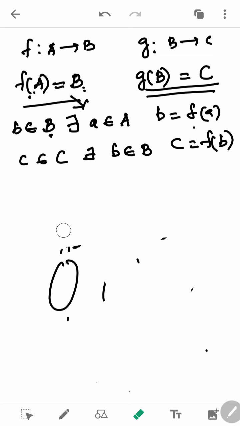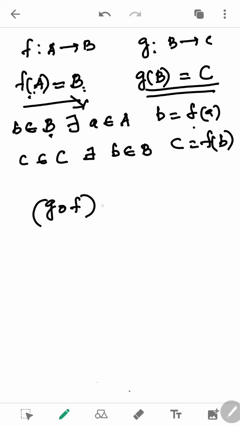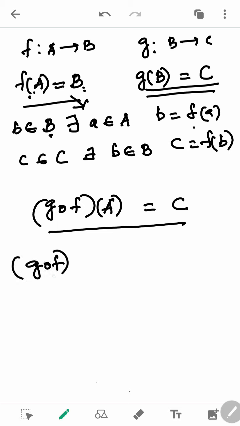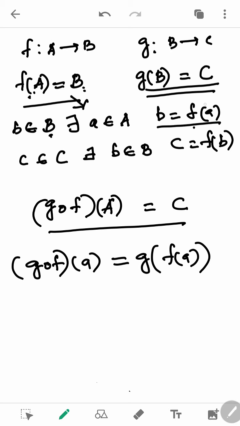Then we are going to show that g composition f is surjective. G composition f surjective means the range of g composition f of A should be equal to C. This is what we have to prove. Then we take an arbitrary element. g composition f of a will be equal to g of f of a. What is f of a?